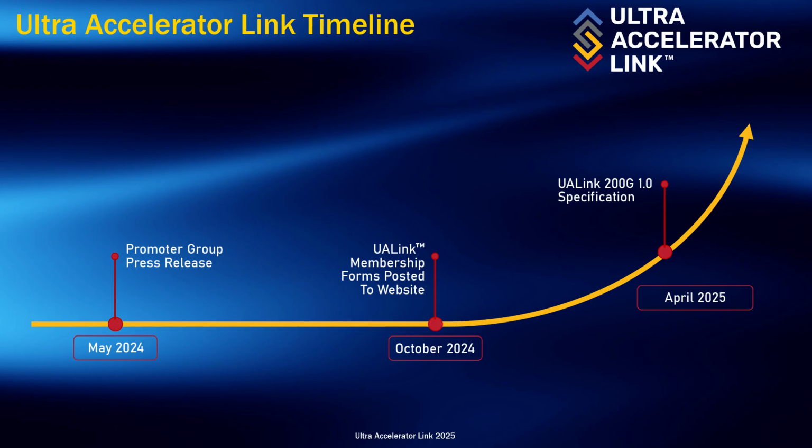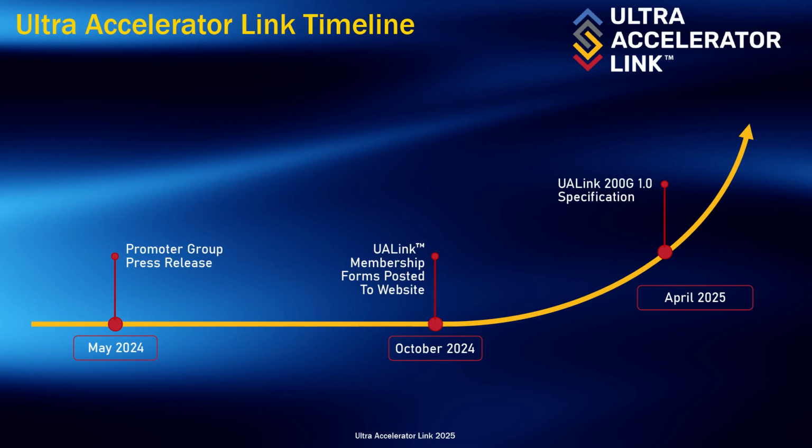We then had the first specification go out on April 8th of this year. So we went from start to a completed 1.0 specification in under a year. We went from 12 member companies in October of 2024 to 100 plus companies today in under a year. So this has grown very rapidly.